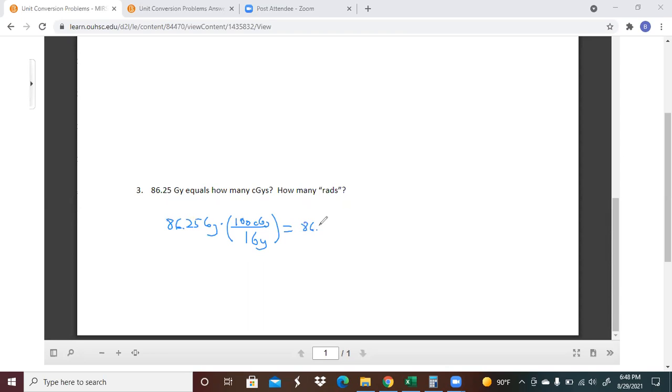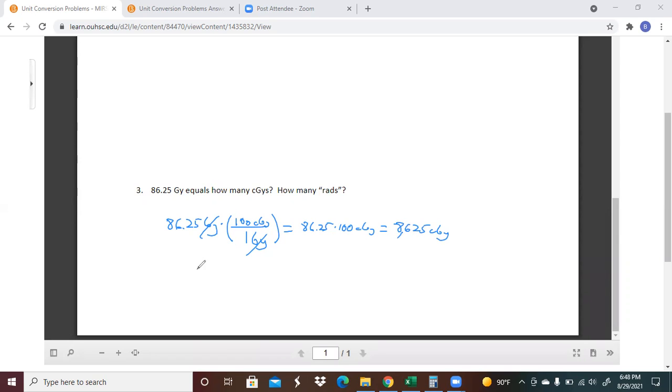So 86.25 times 100 centigray, because the grays cancel. So you come up with, well, let's try this again. 8,625 centigray.